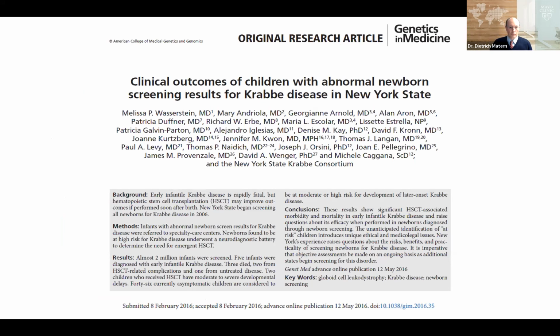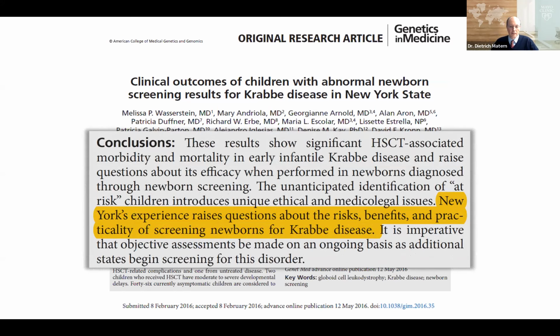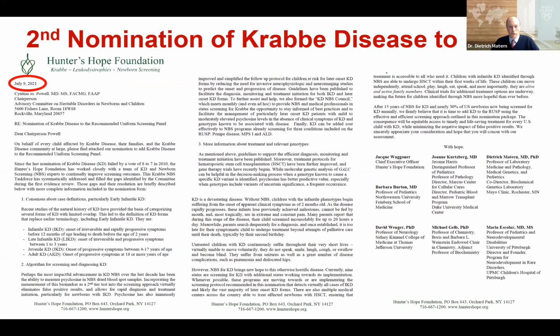So Melissa Wasserstein in New York City led another effort looking at the first 8 years of screening in New York and published the clinical side of the screening, and really put out a word of caution that the way it has been done in the beginning in New York is probably not the best way of doing so. So a lot of work was done, again, thanks to all the effort that was performed in New York, and we learned a lot from that project.